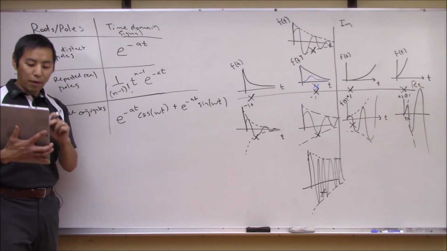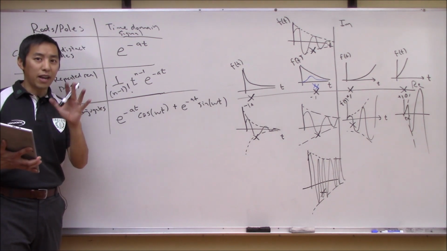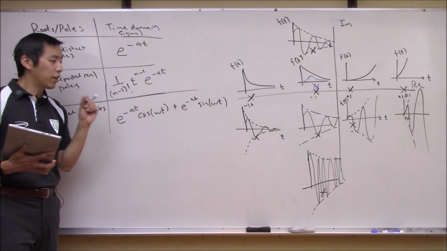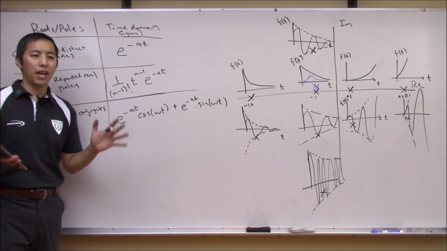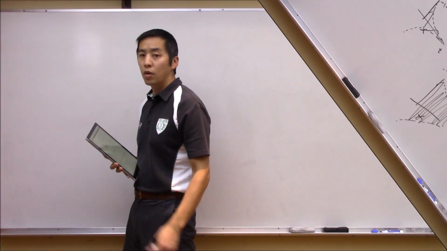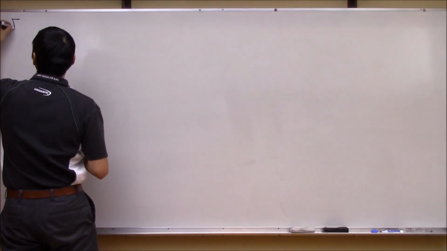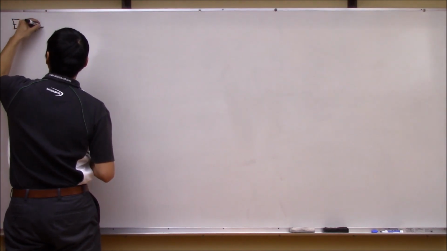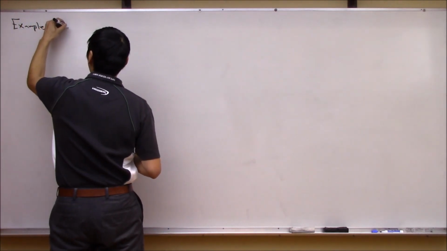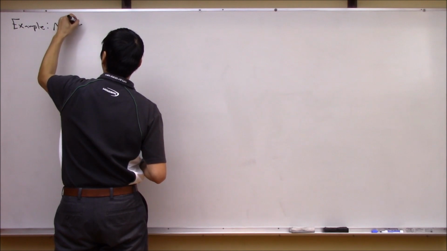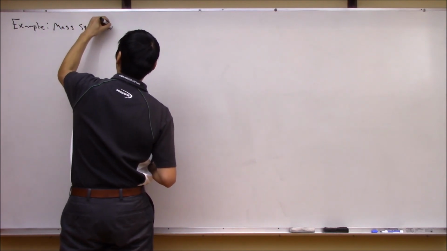Okay, so with that being said, let's look at a final example of how we can apply this to solving a linear ordinary differential equation. All right, so let's look back at the example we looked at in our Laplace transform discussion, which was our mass spring damper.